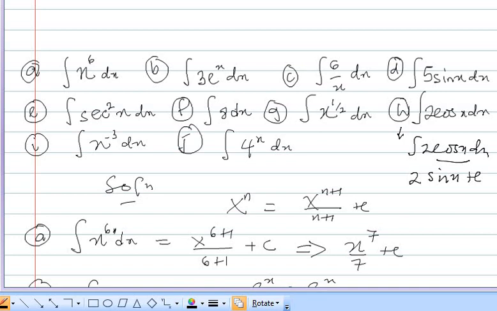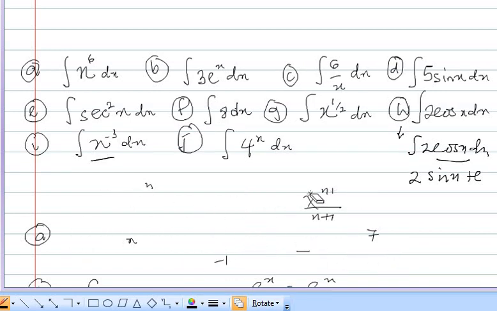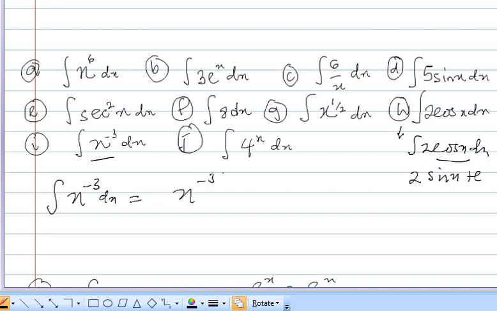For this question, the integral of x raised to the power minus 3 dx, our n is minus 3, so we can say x raised to the power minus 3 plus 1 all over minus 3 plus 1 plus c, which is equivalent to x raised to the power of minus 2 all over minus 2 plus c.